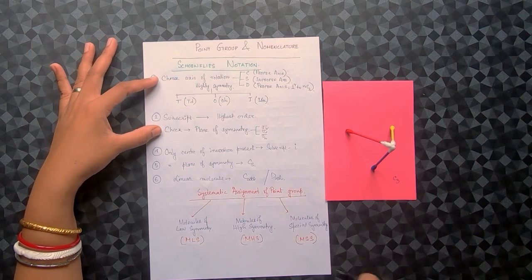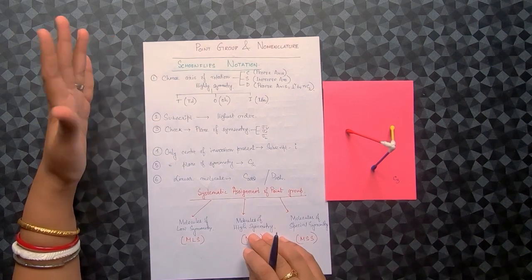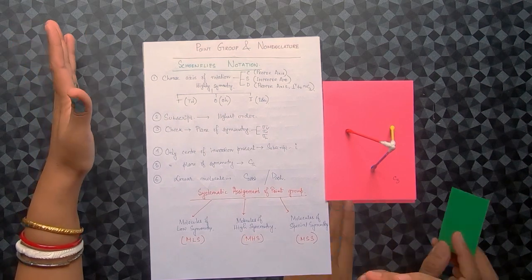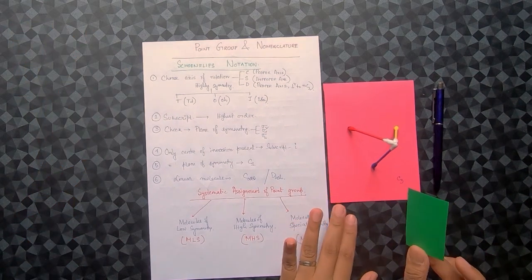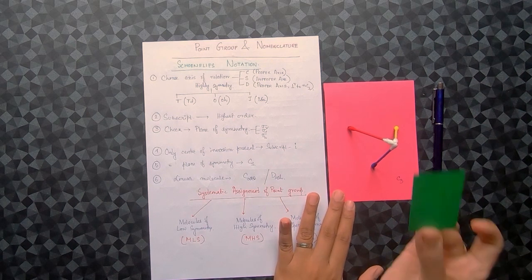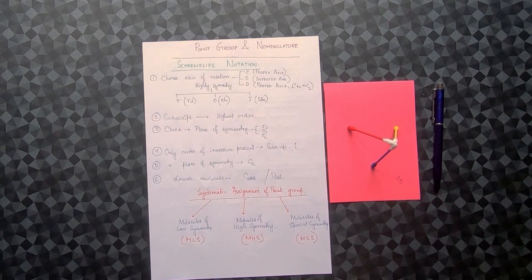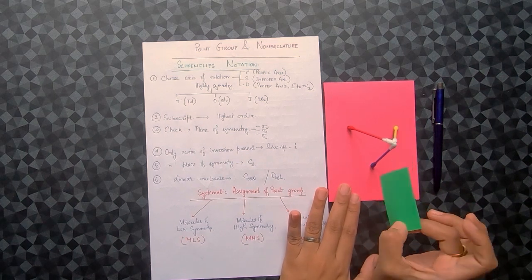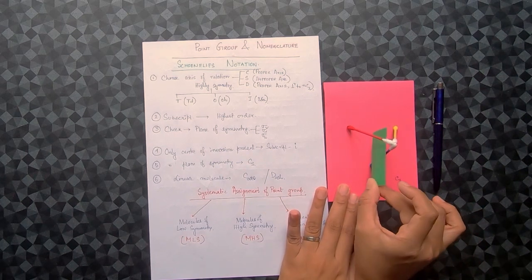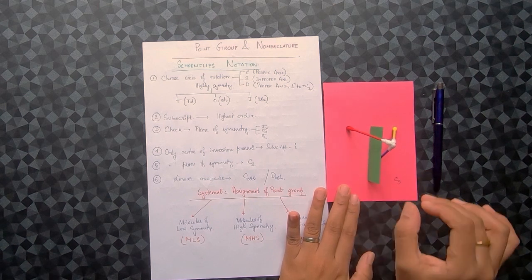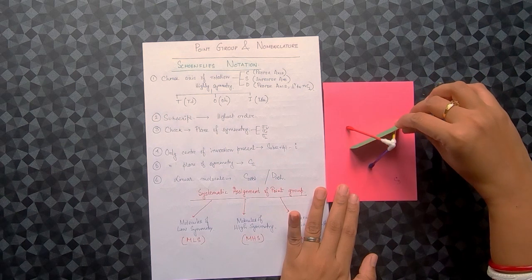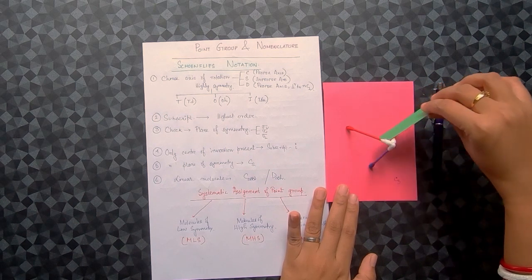And next we have to check the presence of any plane of symmetry. So we can consider this as a plane of symmetry. Now where it is possible, along the NH bond, this is possible. Along 3 NH bonds, it is going to have 3 planes of symmetry.